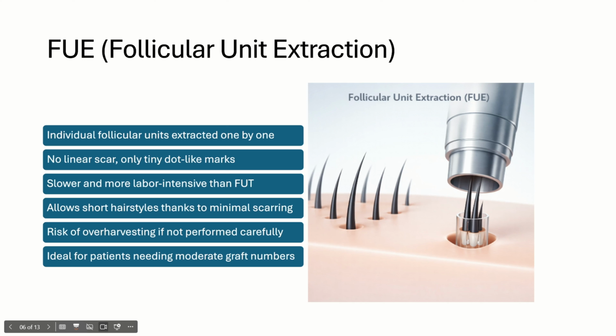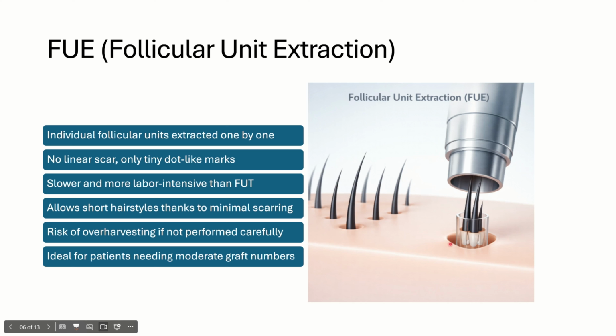What is FUE? In FUE, we use tools that extract units of hair, follicular units. The point is we don't have the linear scar. Of course, the extraction of individual follicular units is slower than FUT.